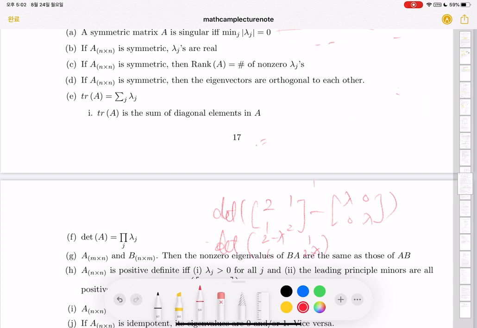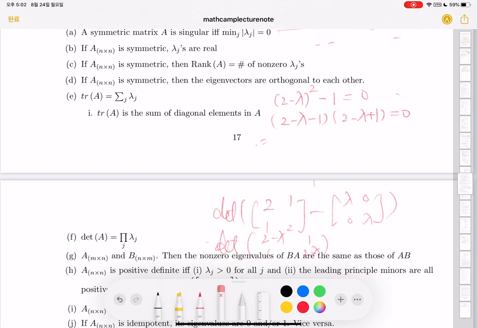It's going to be 2 minus lambda squared minus 1. That's the determinant, and it has to be 0, right? So we have two solutions: 2 minus lambda minus 1 and 2 minus lambda plus 1 is 0.